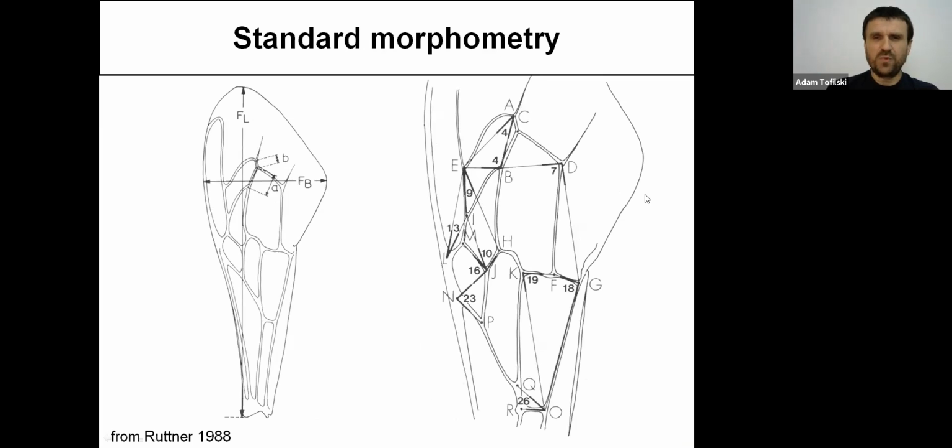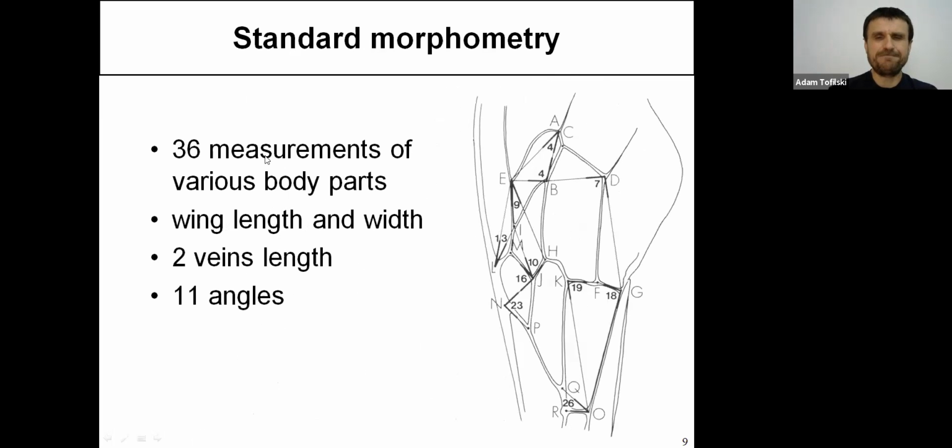Apart from wing measurements, which are angles and some distances, there are also many other measurements, including color of body parts and length of proboscis, and the standard morphometry is very precise. However, it is very difficult to make a large number of those measurements, and it's unlikely that beekeepers will be able to do all of this.